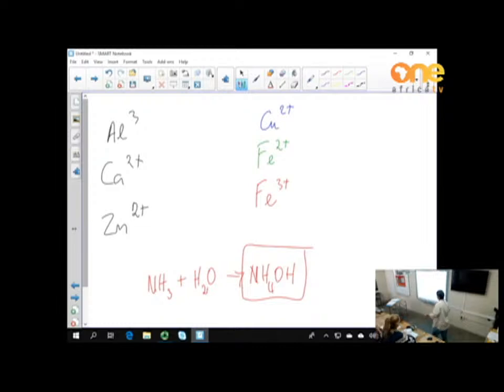Okay, so if I add a couple of drops of ammonium hydroxide, what will I get by copper? A light blue precipitate. What will I get with iron 2? A green precipitate. What will I get with iron 3? A red precipitate. And what will I get over here? A white precipitate.